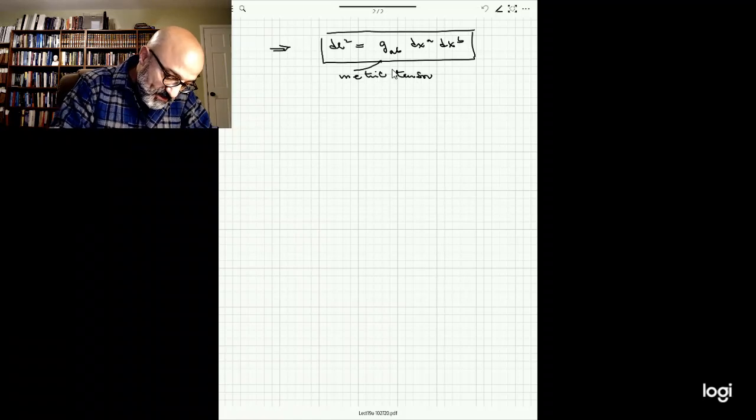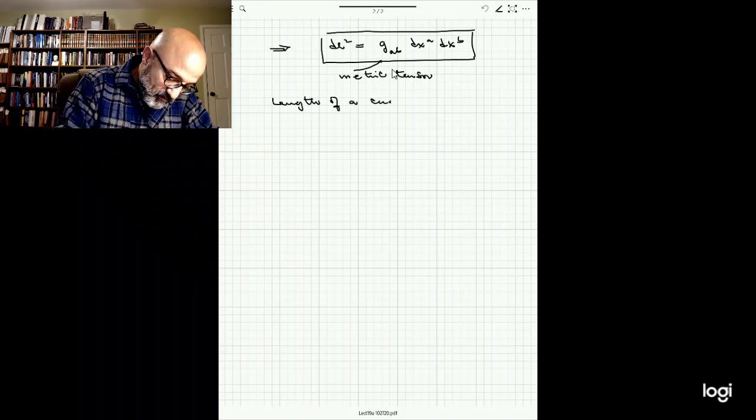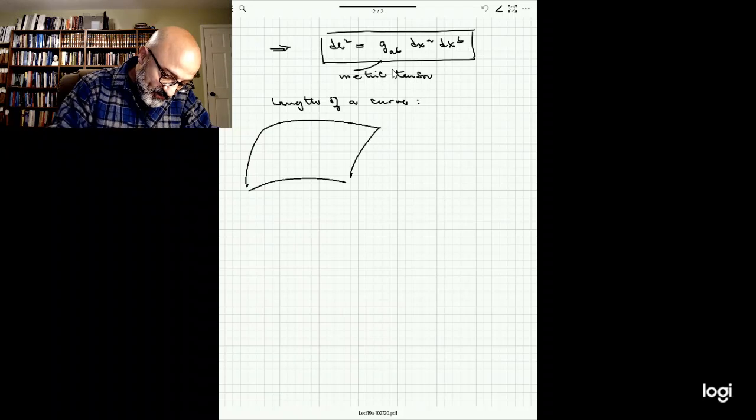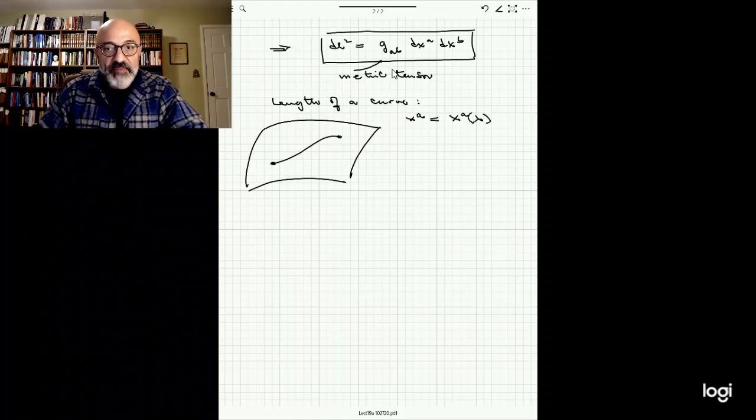So the length of a curve: if you have a curve like so, here is the curve, the coordinates are given in terms of some parameter.